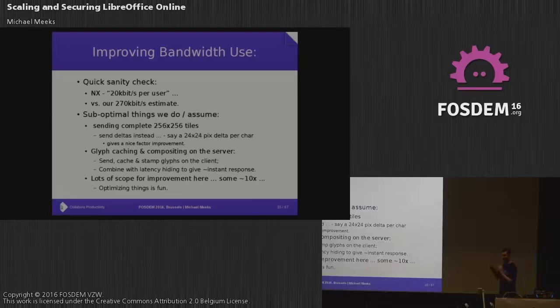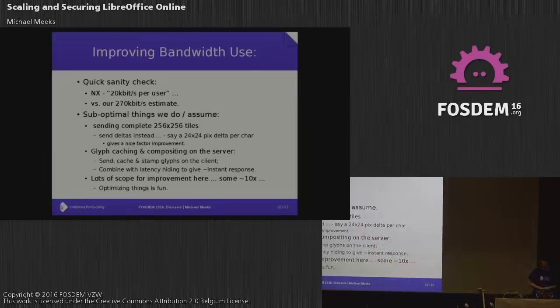So there's an argument that you don't need to see immediately every one of the key presses that you type, 3 in a second, on the screen as you press it. So you can perhaps avoid some things there. We're also sending complete 256 pixel square tiles instead of deltas. So something simple like moving from a big thing to a remarkably smaller thing, that is the glyph you just typed, should give a really nice factor improvement.